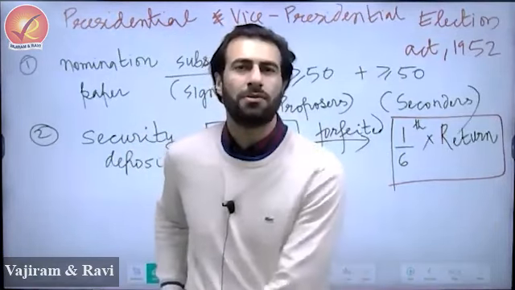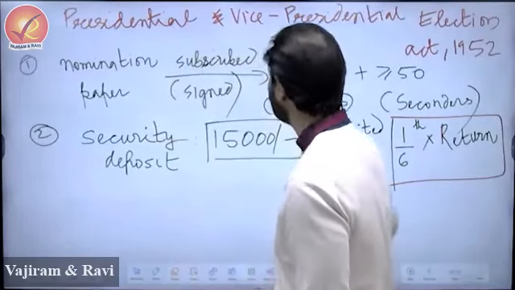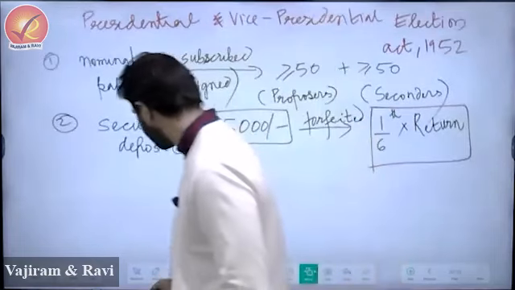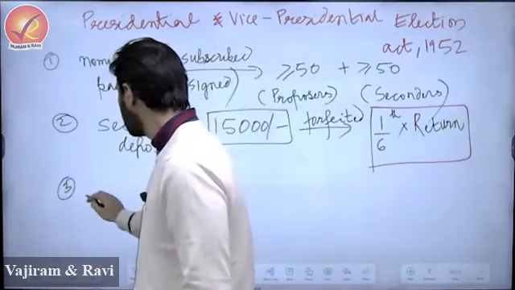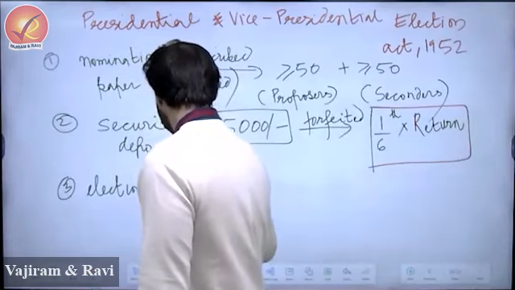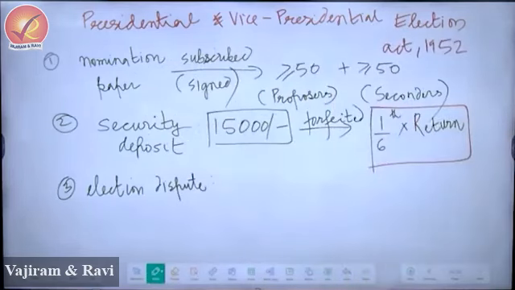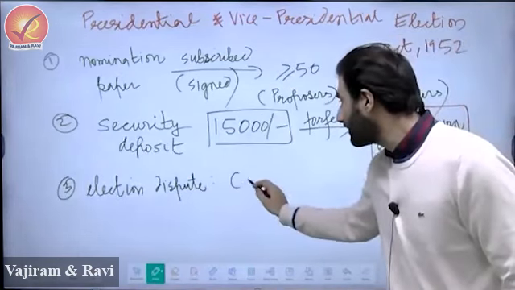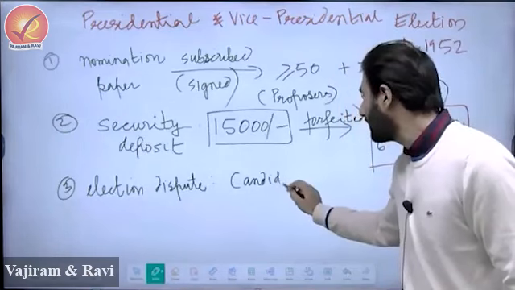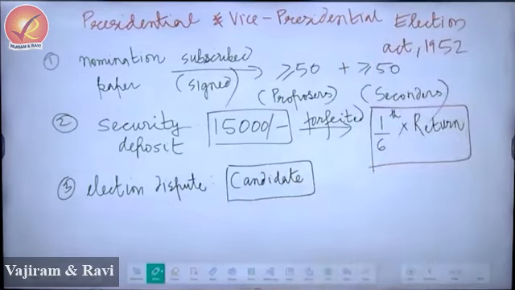And number 3, write down. The third is another reflection of a point that we know already. Third, write down. Election dispute can be raised by the candidate. Visible in the end? Is it fine?